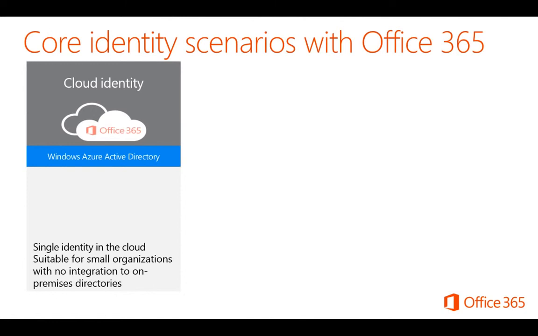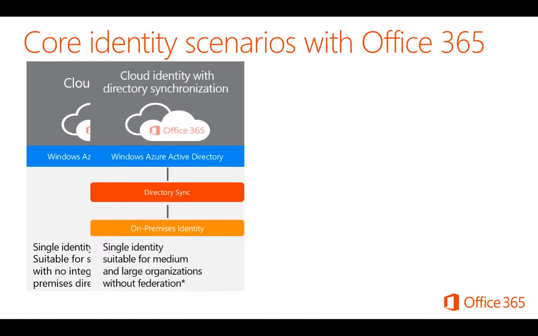If you're a dentist office with 5 users, you probably have not invested in a local server with Active Directory, and you're probably not keeping your identities on premises. So for many small business users, you will typically just create identities in the cloud, assign them email, assign them access to the services, and they'll be off and running. Be very happy about that. Nothing to maintain on premises.